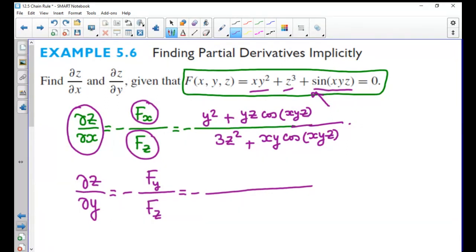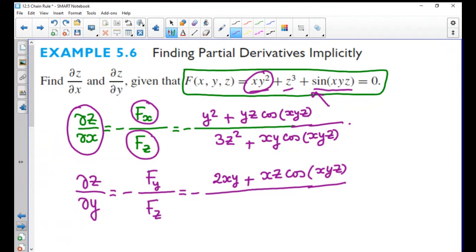Fy, the derivative of this function f with respect to y: the first term will give us 2xy, and then the sine term derivative with respect to y will give us xz cosine xyz, like this.